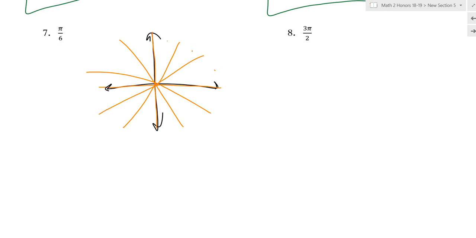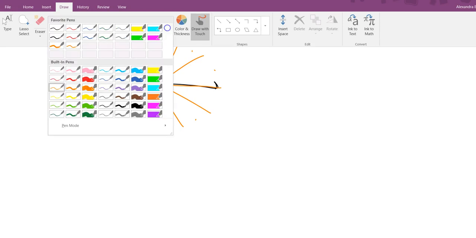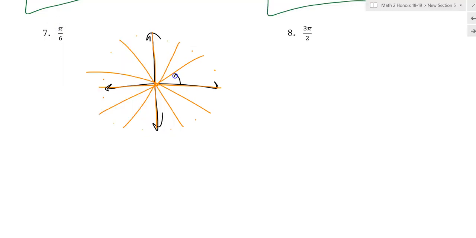So I have 1, 2, 3, 4, 5, 6 sections here. 1, 2, 3, 4, 5, 6 sections there. Okay, going 1 pi out of 6 pieces is just here in the first quadrant. This is theta. It's also theta prime.